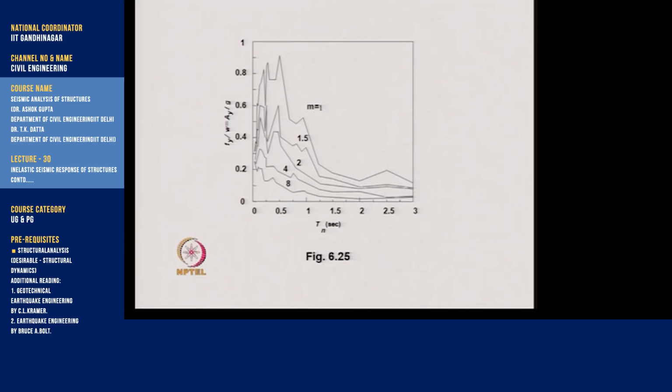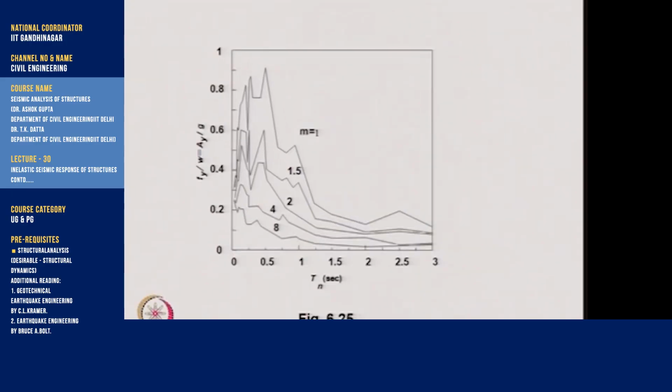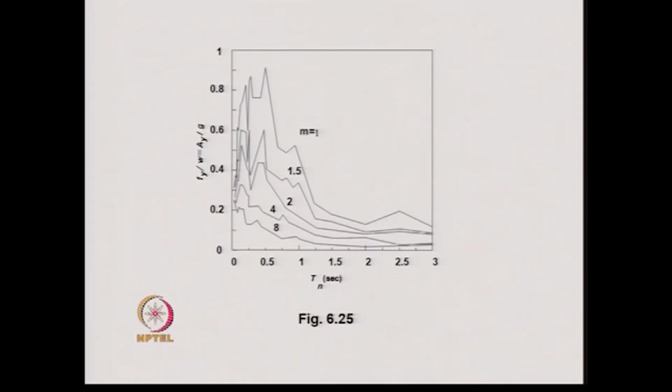And whatever base shear we get from that performance point, for that yield base shear, if we design the structure by distributing the base shear as a load over all the floors, then that particular structure is expected to give in an overall sense a ductility of mu equal to the value for which the response spectrum was used.